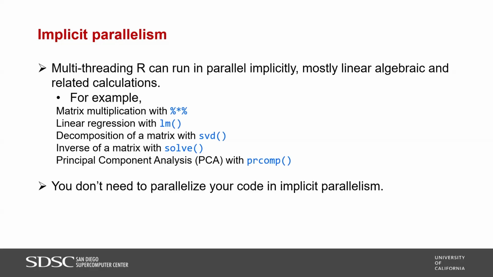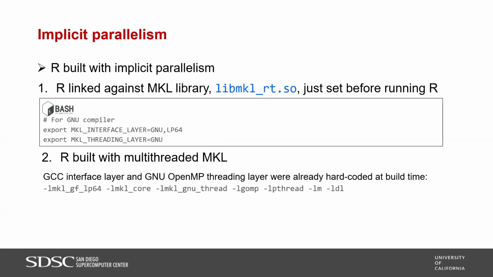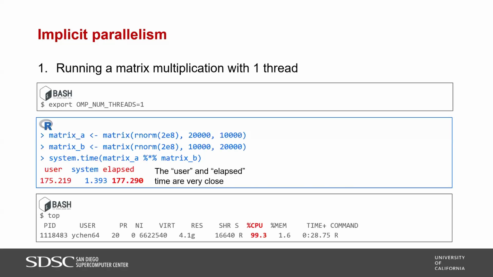If your function is on top of those linear algebra functions, then it's very likely that your function is already run in parallel implicitly. And also, if you are not sure, then the next slides we are going to talk about is how to know if a function is running in parallel or not.